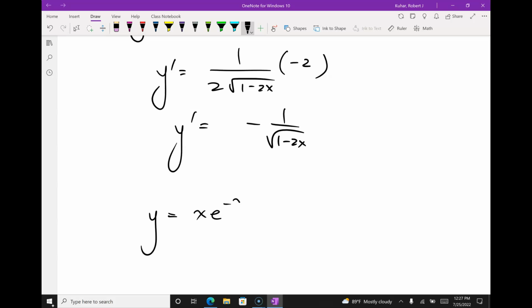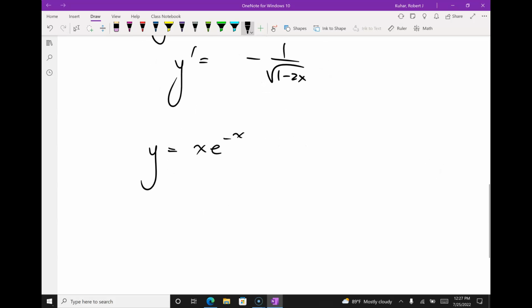X e to the negative x. Now we have a product, so we have to use the product rule. And we also have to use the chain rule. Right? What's my first function? In the product, what's the first function? Yep. What's its derivative? Good. Second function is e to the negative x.